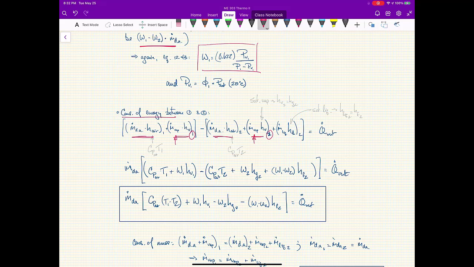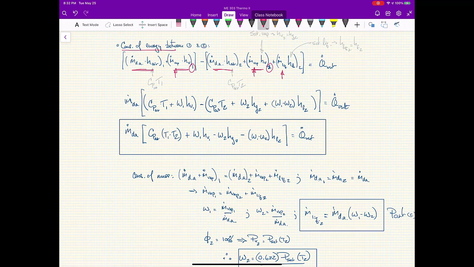Why? Because some of that mvap1 got transformed into liquid, which I'm going to call m.liq, and that is the water that's being extracted from the air at 2. So conservation of mass on that stream tells us that the mass flow rate of vapor initially is going to be equal to the mass flow rate of vapor after dehumidification plus the mass flow rate of liquid afterwards.